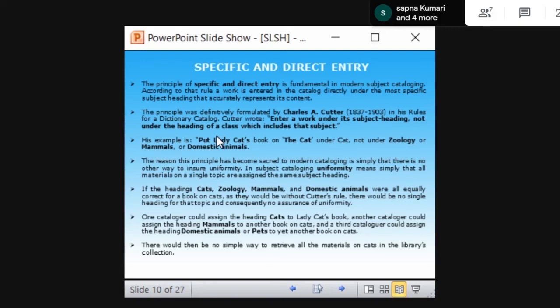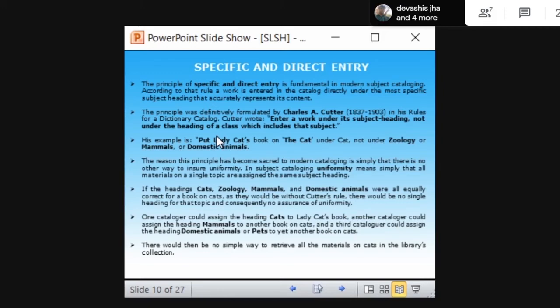Cat talks only about cats. Zoology talks about broader aspects; cat is a part of zoology, a part of mammals, a part of domestic animals. So it is not uniform. A uniform and direct heading is very much essential. This is why Cutter brought out this principle.